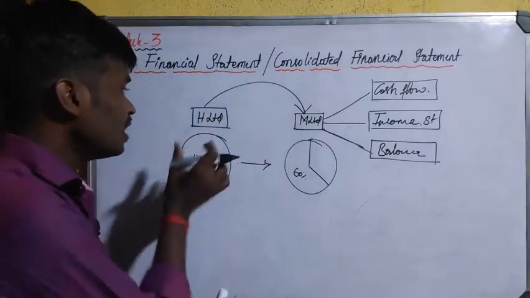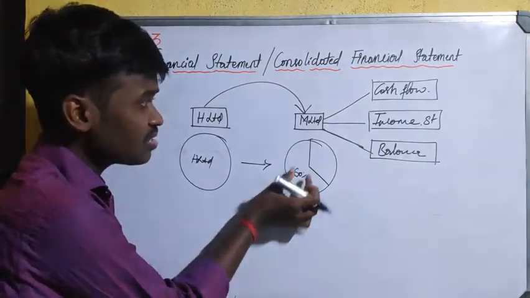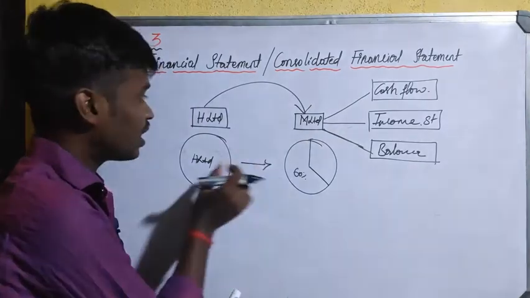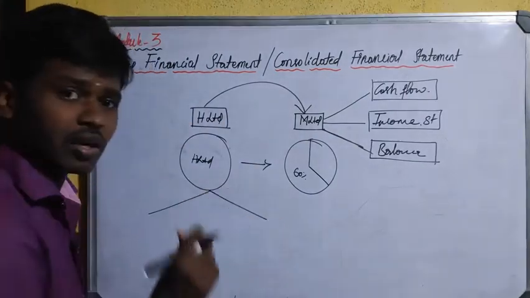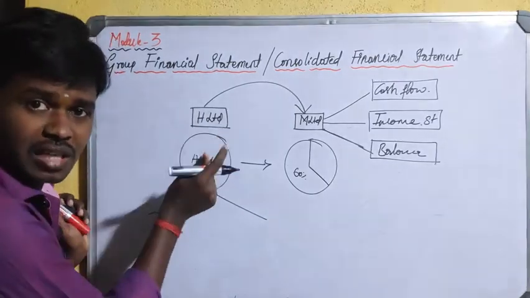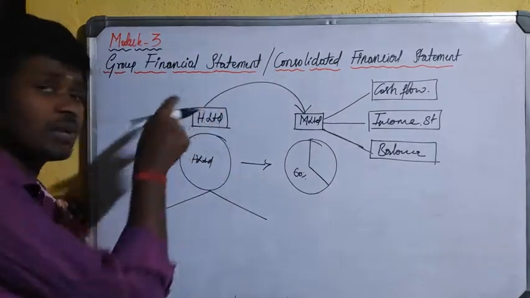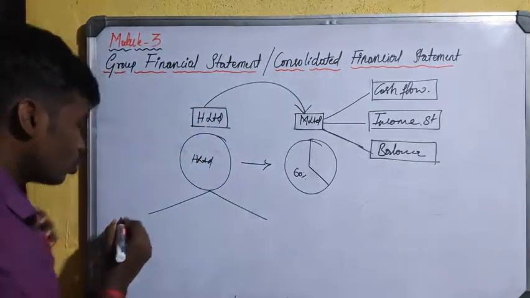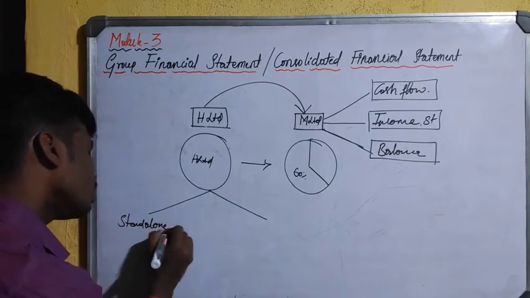So when H Limited invests more than 50% of shares in M Limited, then H Limited will prepare two types of financial statements. To know the financial position of only H Limited, H Limited will prepare standalone statements.